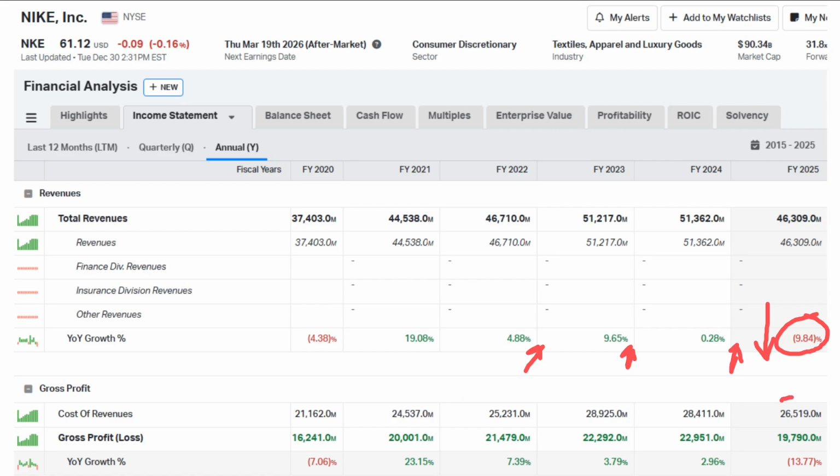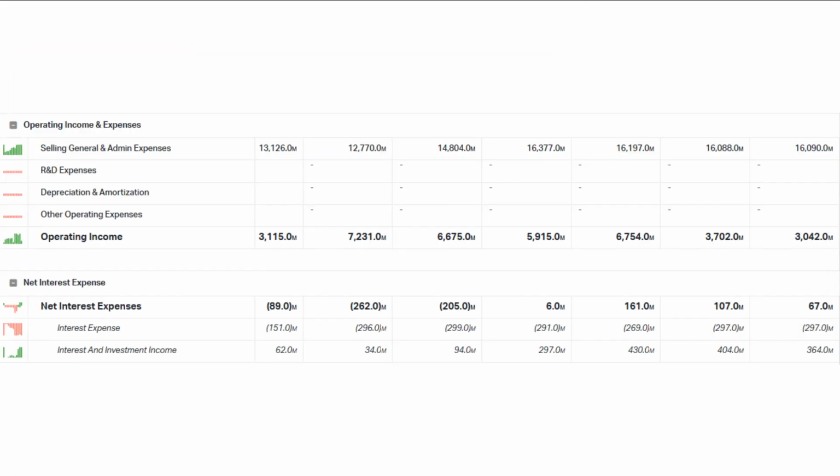Cost of revenues also dropped down, actually more than the revenues, meaning that they achieved a little bit of operational efficiency, lowering their costs a little bit compared to the revenues.